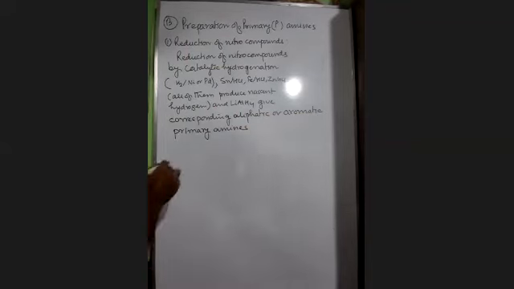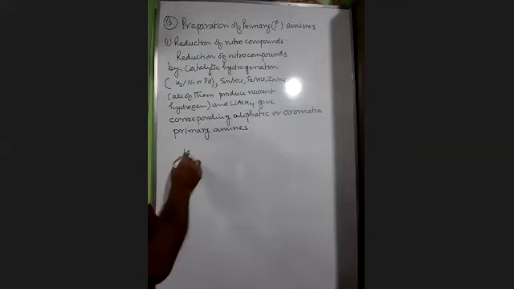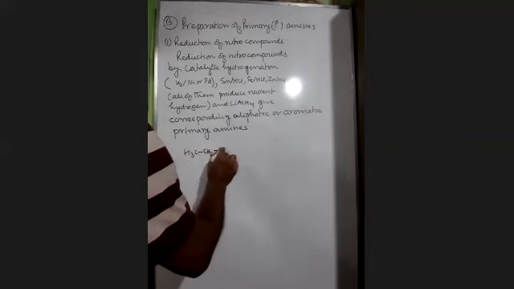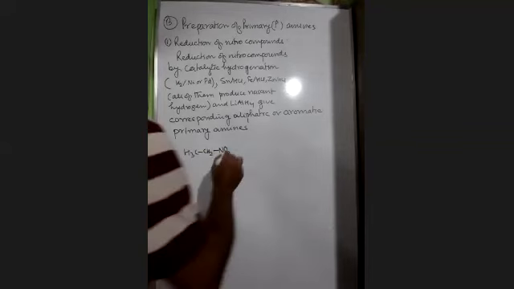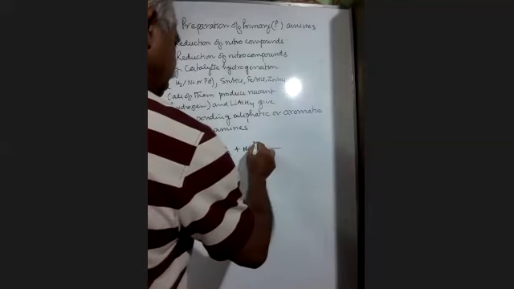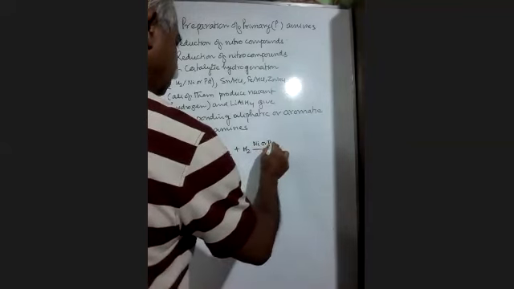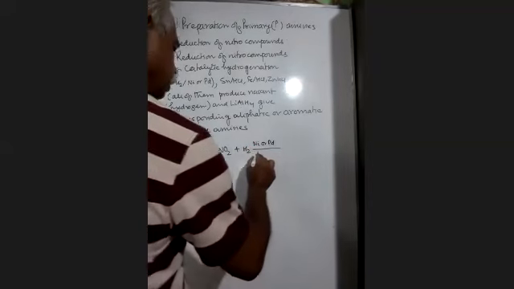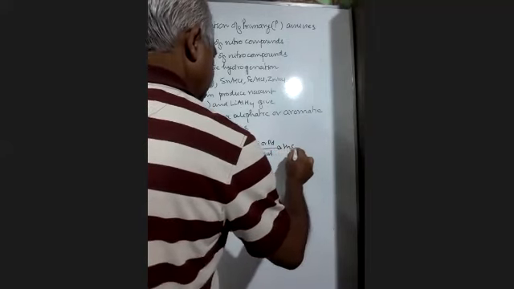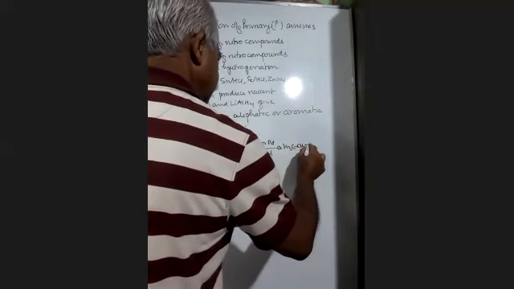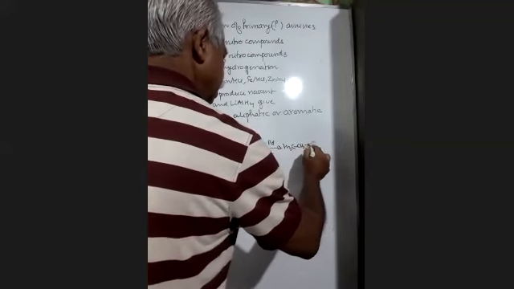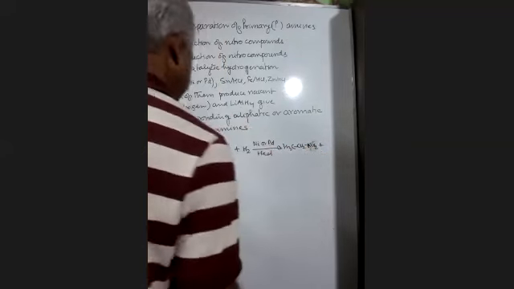Okay, so let me take here CH3CH2NO2. Okay, I'll do it now. Hydrogen gas. What I have to take here? Nickel or palladium. I have to heat it. Then you'll get here CH3CH2NH2.